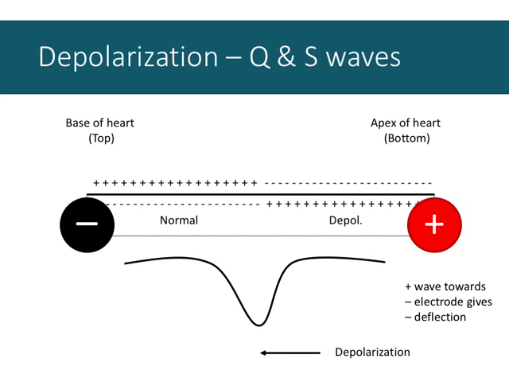A positive wave towards a negative electrode gives a negative deflection. It's just like adding and subtracting negative numbers. Taking away a negative is a positive. Adding a negative is a negative. A positive wave towards a negative electrode gives a downwards deflection.